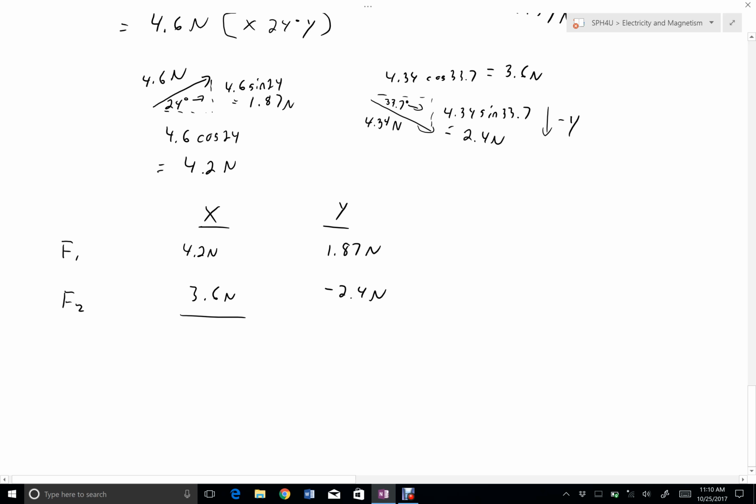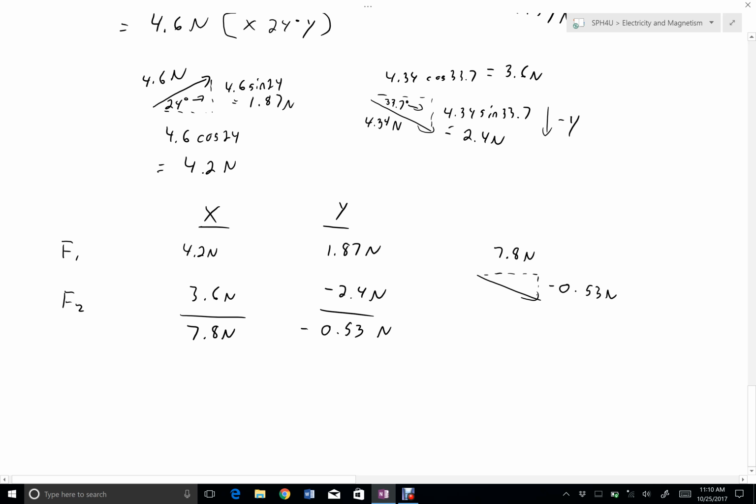Taking the sum of those things, I get 7.8 newtons, and here I got 2.4 minus 1.87, 0.53 newtons, and that's negative. And finally, I get to recombine my components to come up with my overall force. So 7.8 newtons, minus 0.53 newtons.